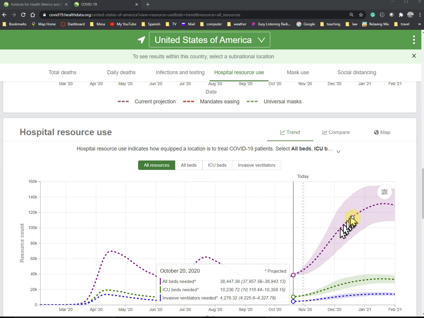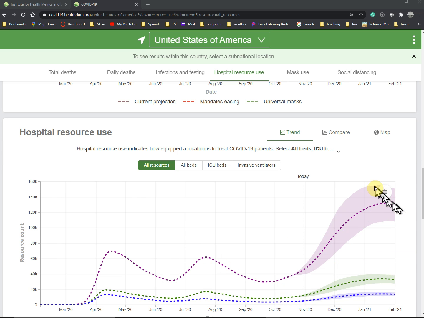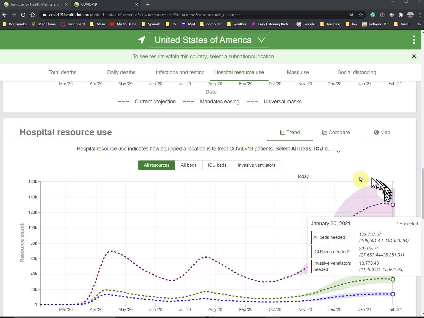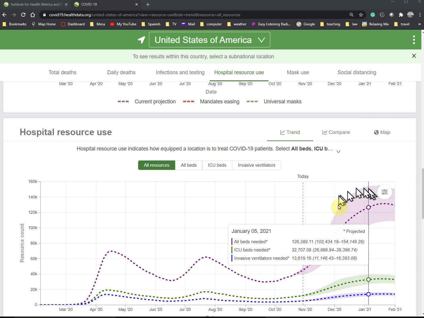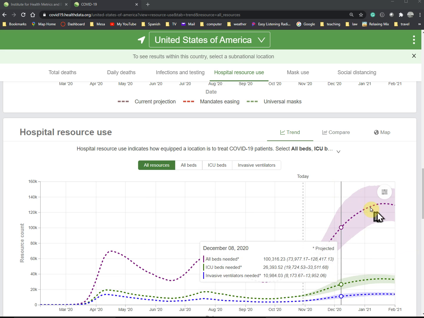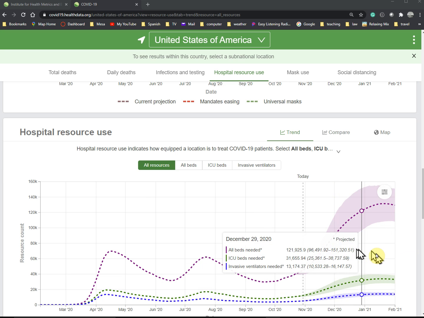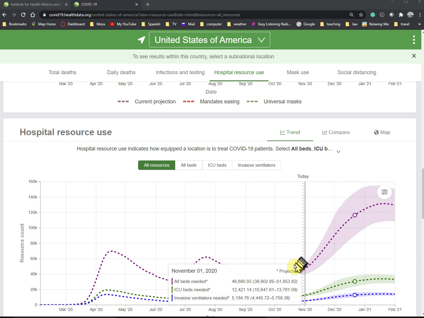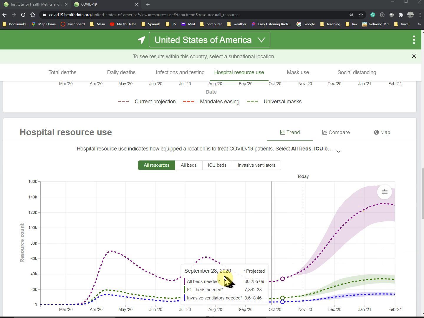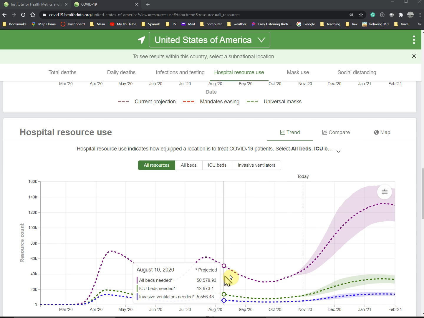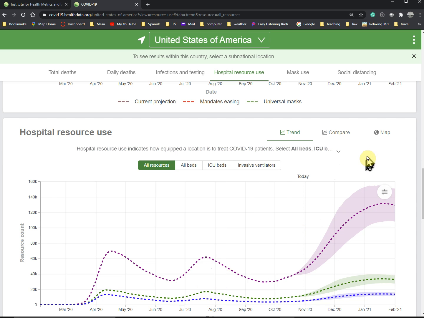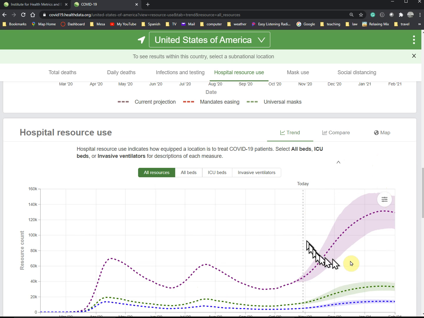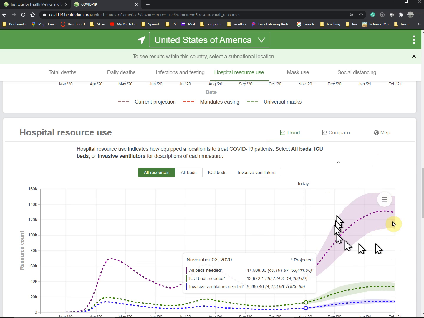These are extrapolations up here. The purple area is the range, how far off the extrapolations can be. So the further you go out, when you try to extrapolate further, the more error, more range of error there is.